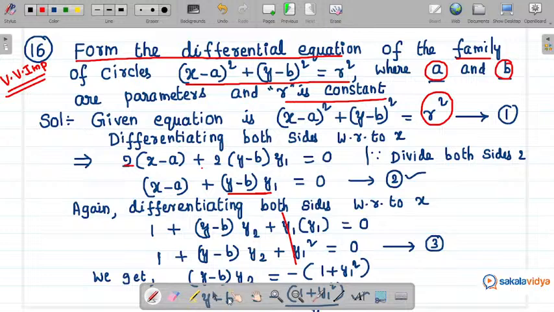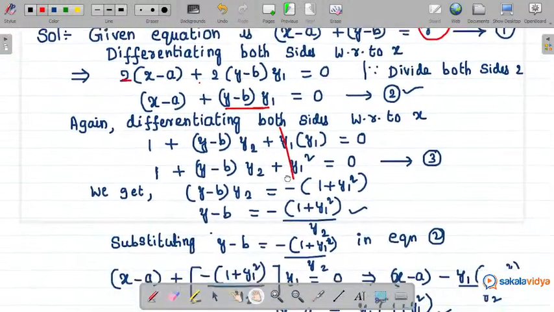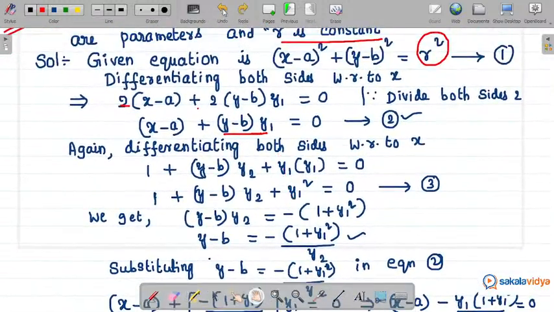From this, we get (y minus b) into y2 equals, taking 1 plus y1 square to the right hand side, minus of (1 plus y1 square). Now we can find (y minus b) equals minus of (1 plus y1 square) by y2.